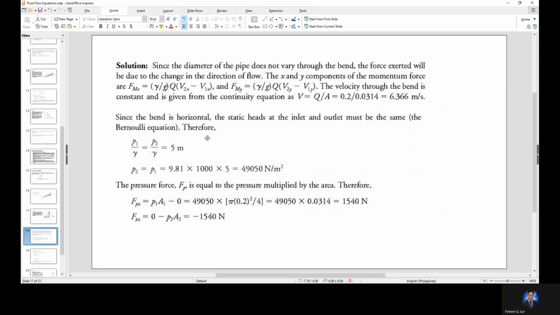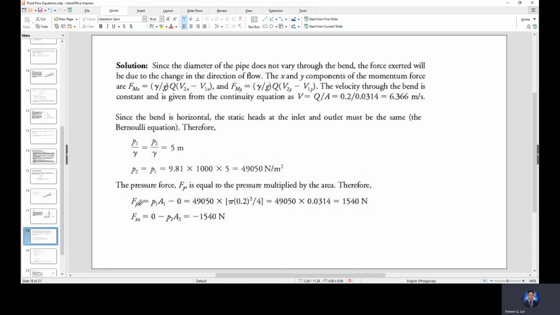Since it is horizontal, the static heads at the inlet and outlet must be the same. Pressure head at point 1 is equal to pressure head at point 2, which is equal to 5 meters.